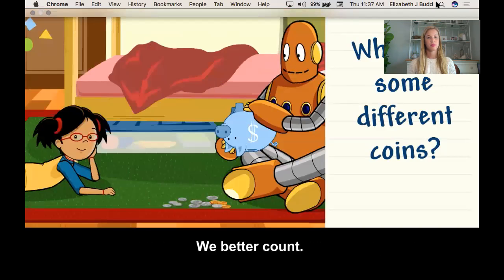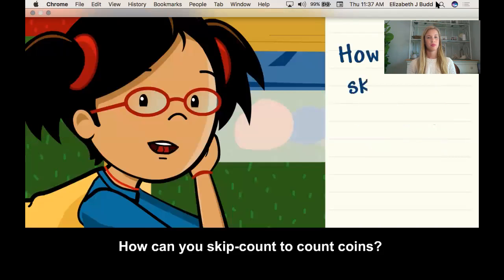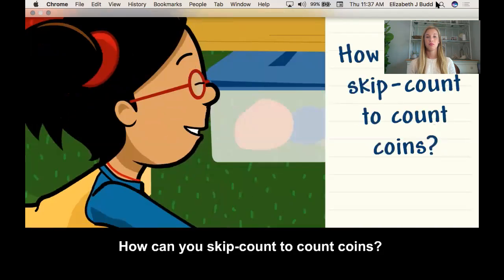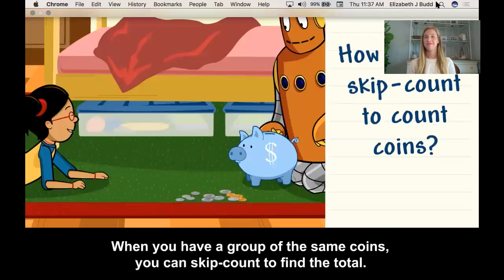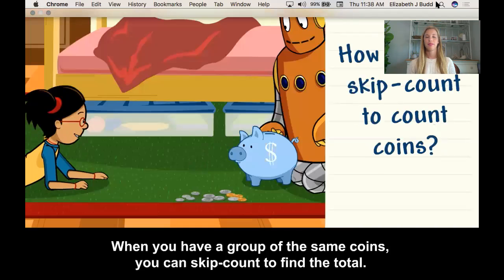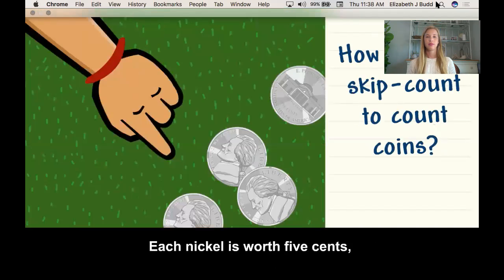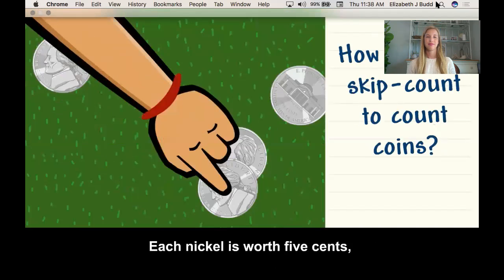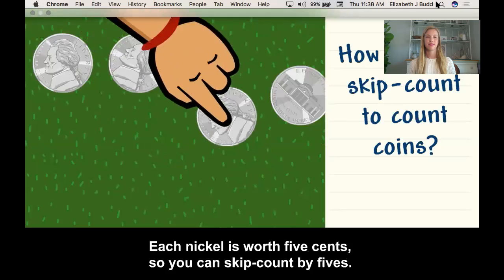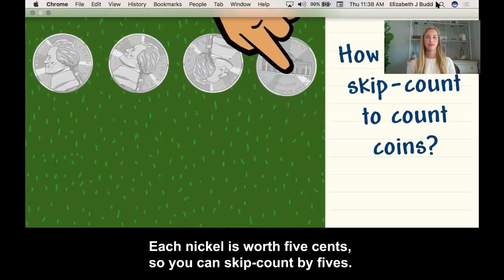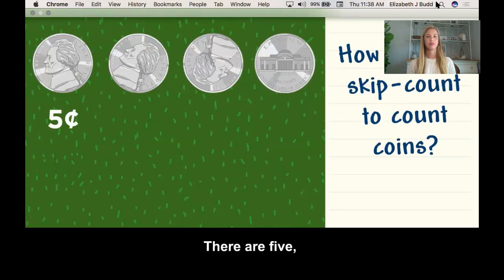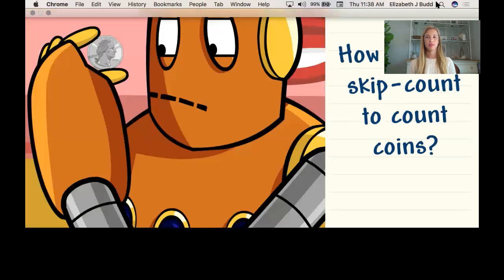We better count. How can you skip count to count coins? When you have a group of the same coins, you can skip count to find the total. Each nickel is worth 5 cents, so you can skip count by fives. There are 5, 10, 15, 20 cents.